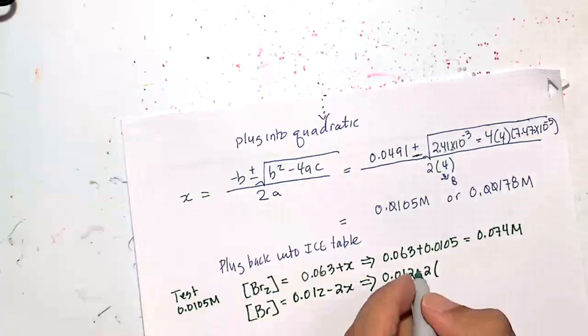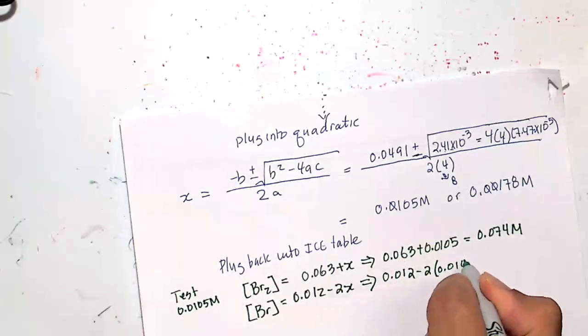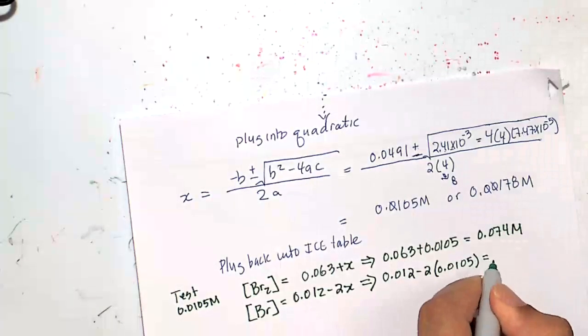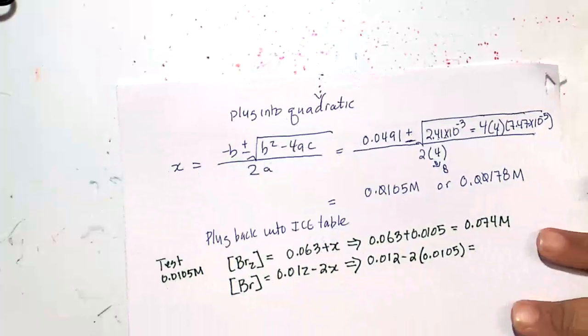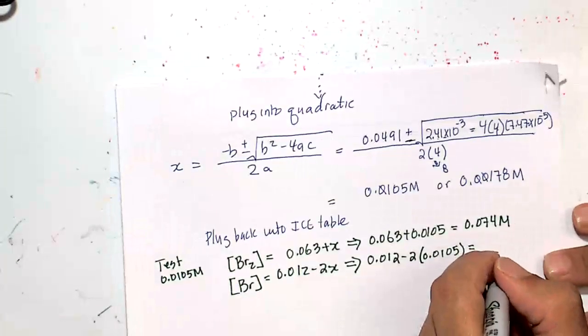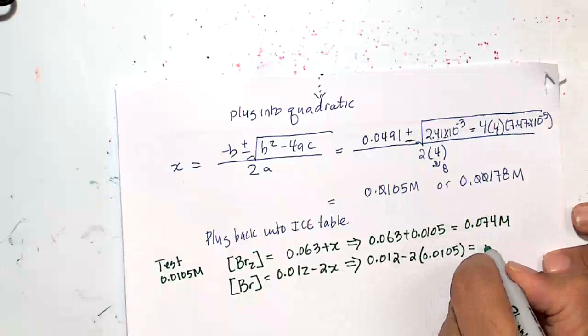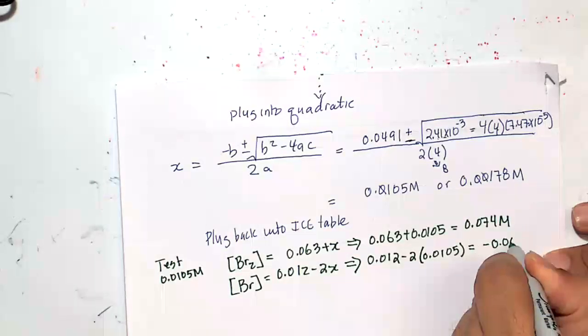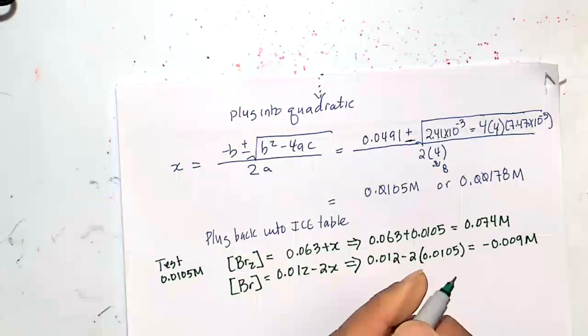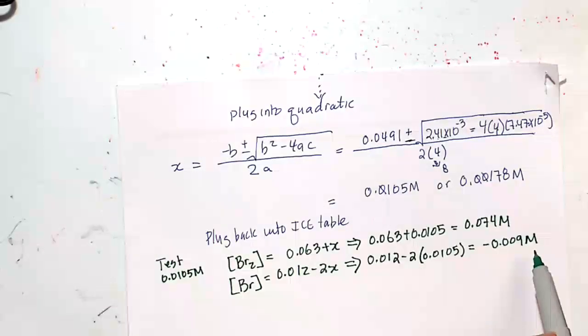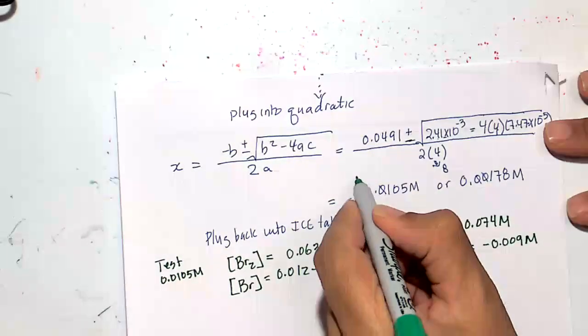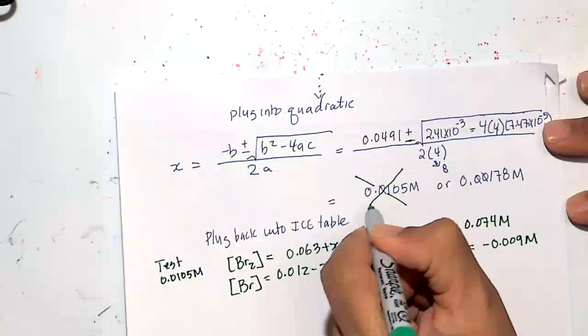We're testing out this one, that's going to be 0.0105. And when I do that on my calculator, I get something very strange: negative 0.009 molar. So can you have a negative concentration?